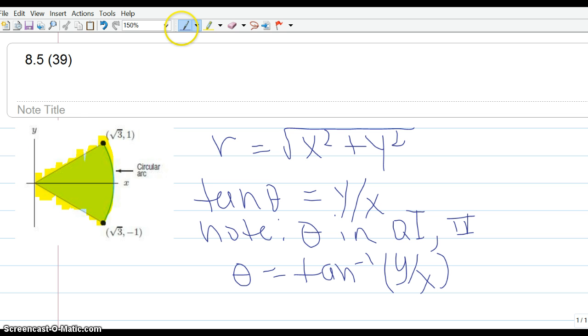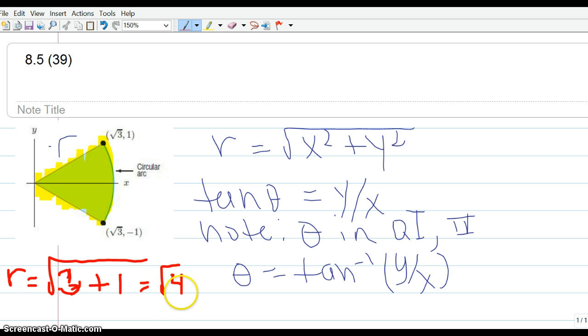So in order to find this radius, when I'm given x and y, we're going to use the very first equation that we have written up here. Since in this case x is radical 3, r is the square root of x squared, radical 3 squared is 3, plus y squared, 1 squared is 1. So we have that r is the square root of 4, or r equals 2.